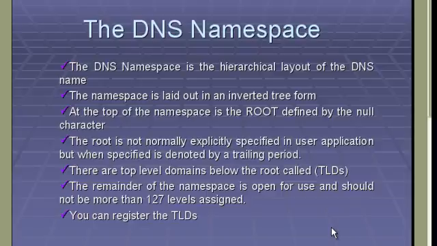The root is normally implicit in user applications, but when specified, is denoted by a trailing period. There are top-level domains below the root, called TLDs. The remainder of the namespace is open for use and should not be more than 127 levels assigned.